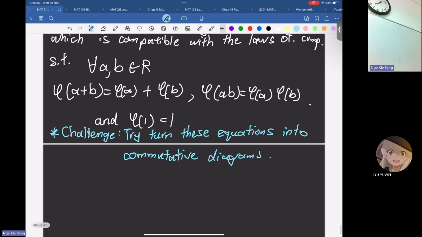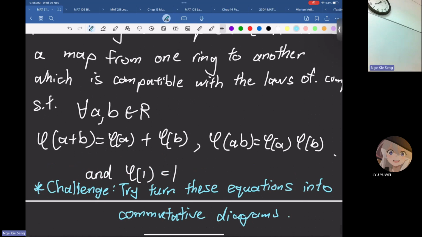You can add first and then send it across, or you can send across two objects and then add them. Or you can multiply the two objects first and then send the product to the other ring R prime, the codomain, or you can send both of them to R prime first and then multiply them. They have to agree. So we encode this information into a commutative diagram.